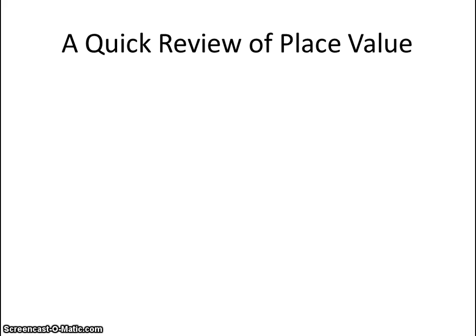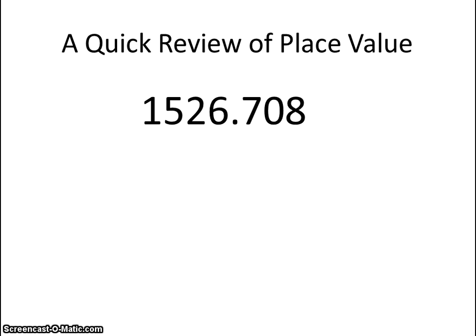Let's quickly review place value before we start to convert decimals into percents. If I look at this number, the digit directly to the left of the decimal point, the 6, is in the ones place. The 2 is in the tens place. The 5 is in the hundreds place. And the 1 is in the thousands place. If I were to go to the right of the decimal, the 7 is in the tenths place.